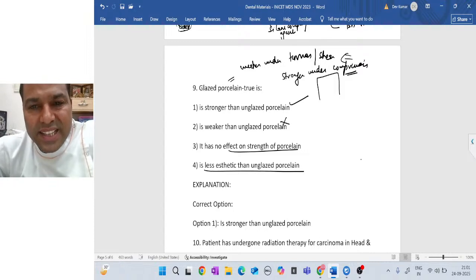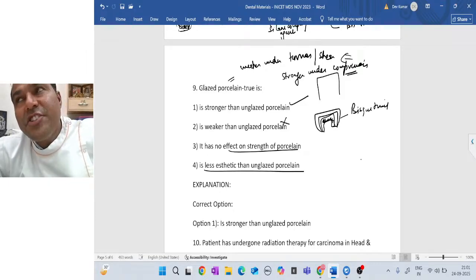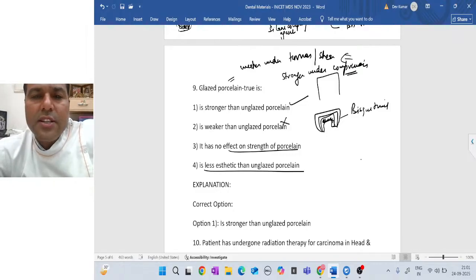Now once we have, for example this is PFM or XYZ, we have done the buildup of ceramic on the metal, okay, then we do the mixed trial. In the patient's mouth we check the occlusion, we trim it, we do the occlusal adjustments.